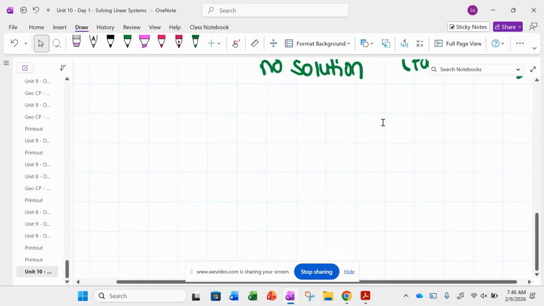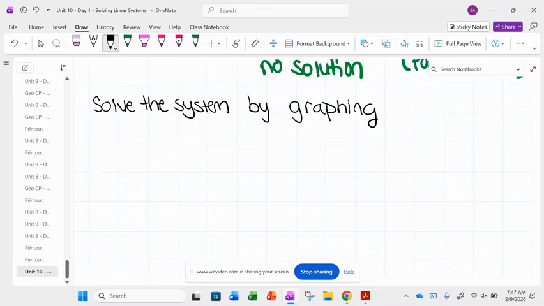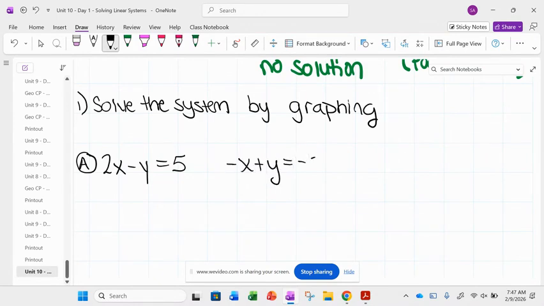Okay, so now what I want us to do is solve the system by graphing. So the first one is going to be 2x minus y equals 5 and negative x plus y equals negative 3.